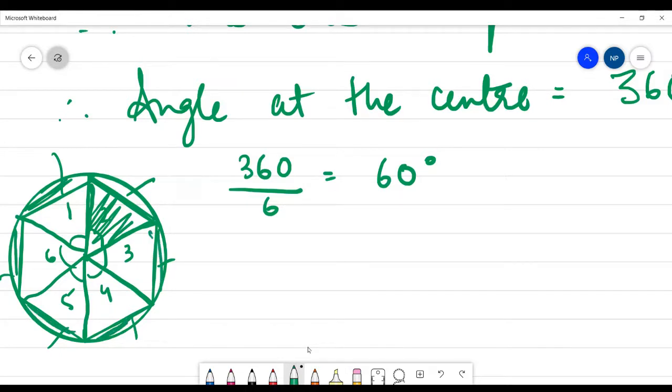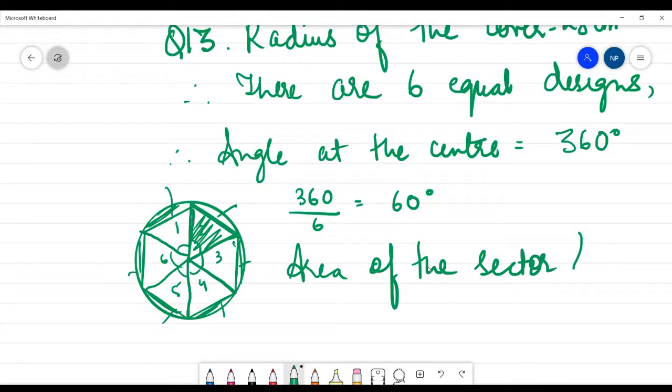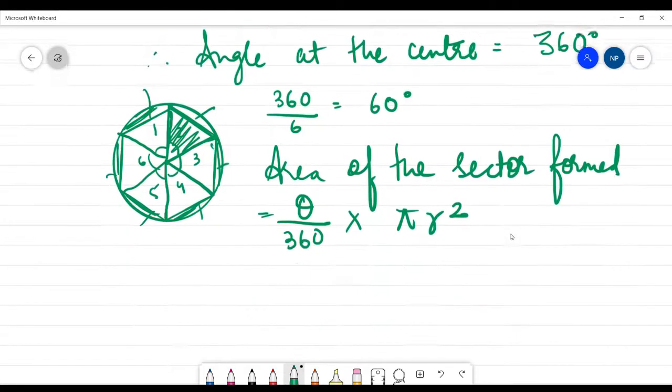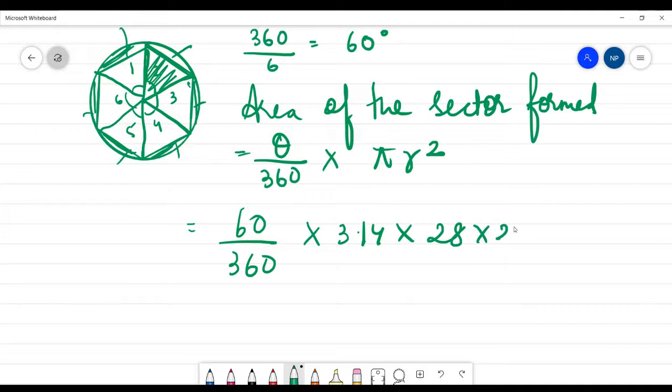After finding theta, area of the sector formed is theta by 360 into pi r square. Here we have to use pi as 3.14. So we write 60 upon 360 into 3.14 into 28 into 28.